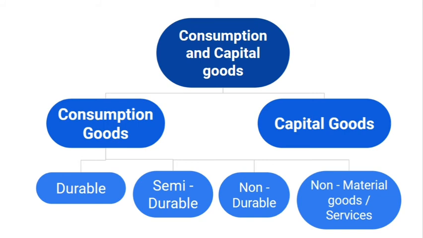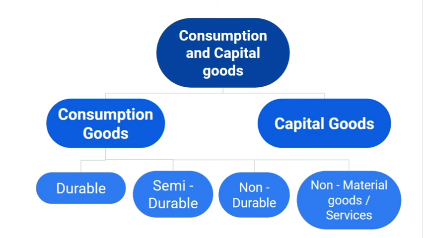Whereas semi-durable goods are the goods which we can use for 1 year, like clothes that we wear. Then comes non-durable, the kind of goods which we can use only one time, like milk, butter, water that comes in a bottle, and bread, chips, like that.